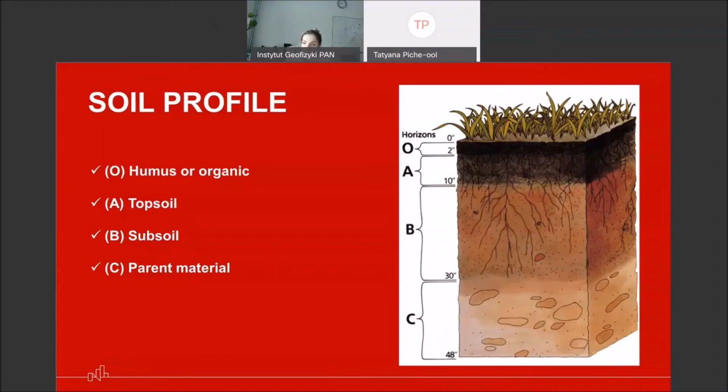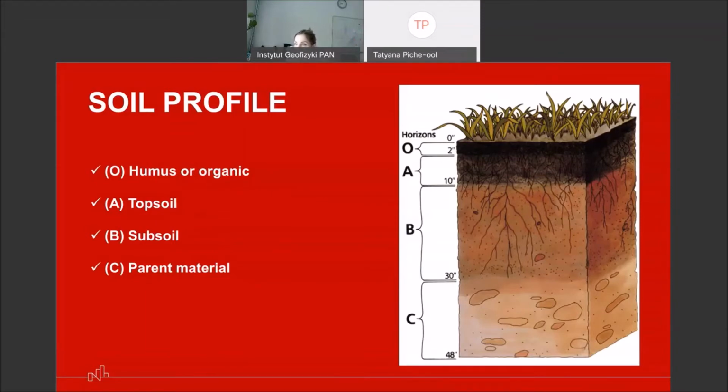What we see here is a so-called soil profile. Of course, it's like a perfect or model profile, and it's definitely not the same for every type of soil and for every time of the year or for every location on Earth. It's pretty different, but it's just a model soil profile, because each soil has its own set of characteristics.